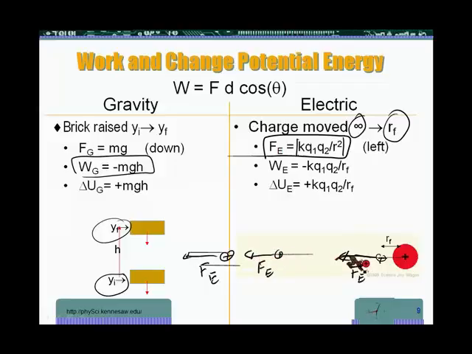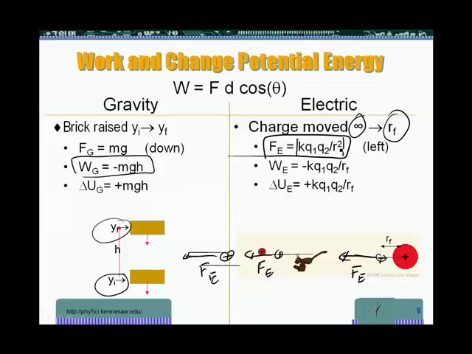So the force acting on it is going to always point in this direction. However, the closer we get to the large charge here, the larger this force is going to get, because r is going to get smaller. Now, when the object is at infinity, or very far away, what does that mean in terms of r?